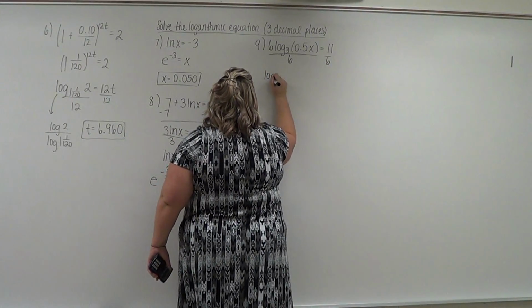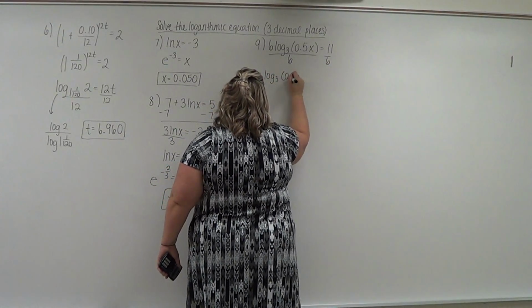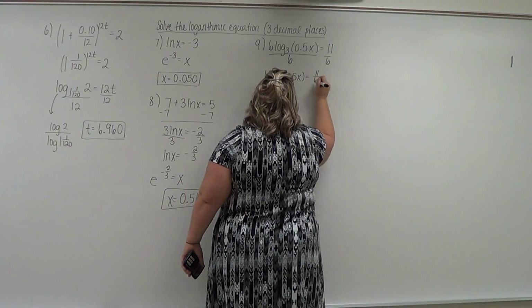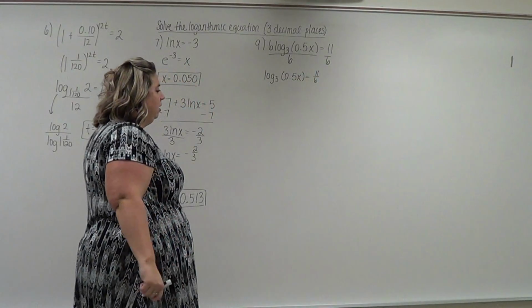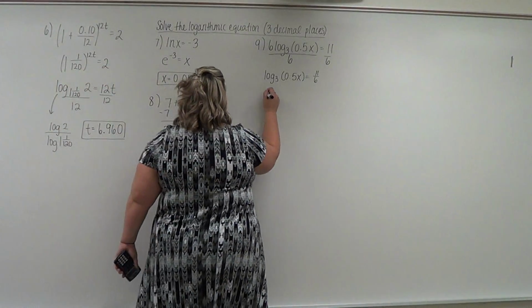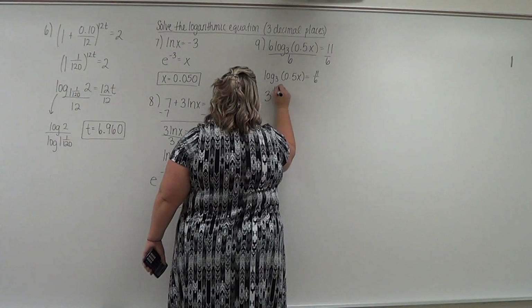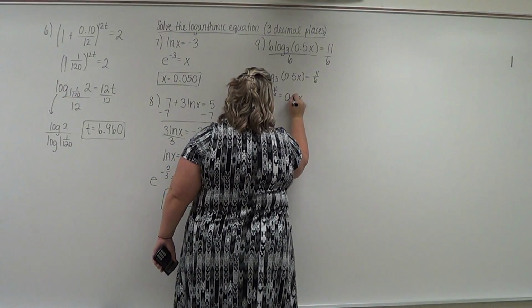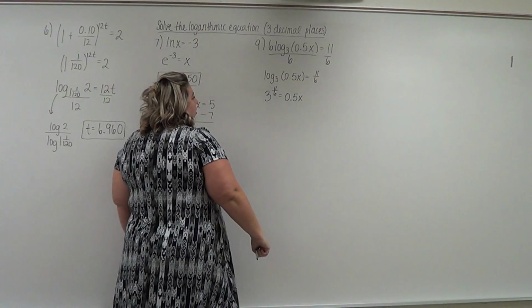So I have log base 3 of 0.5x equals 11/6. I'd write this like an exponential, so this would be 3 to the 11/6 equals 0.5x.